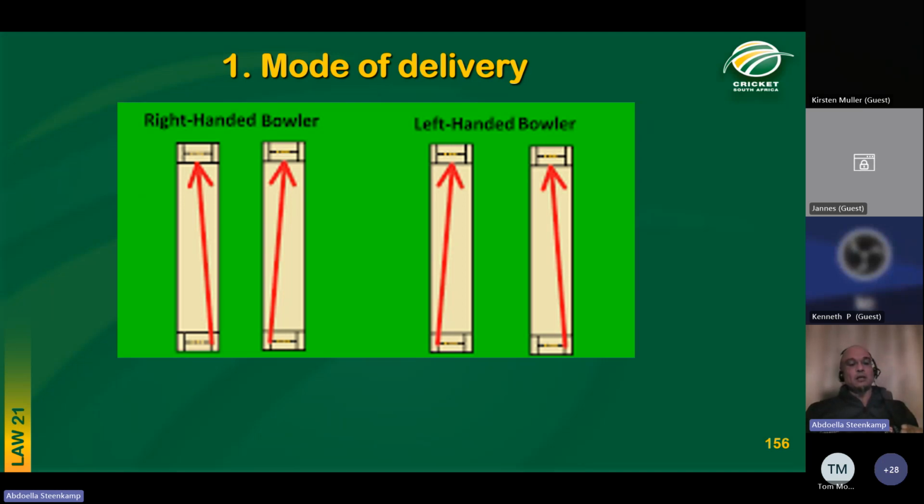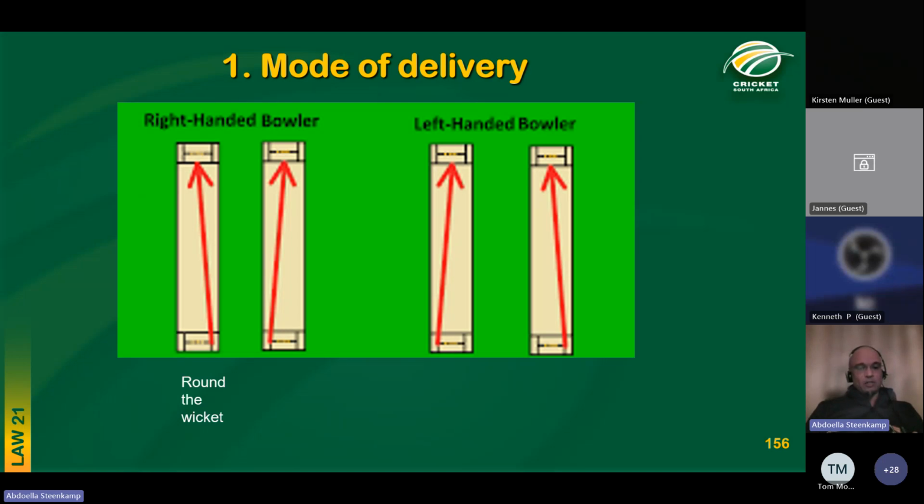So looking at the picture, we will start from left to right. And this is how I remember whether the bowler is bowling over or around the wicket. Where the arrow is pointing, that's where the batter is standing. You need to visualize this. On top is where the umpire is standing.